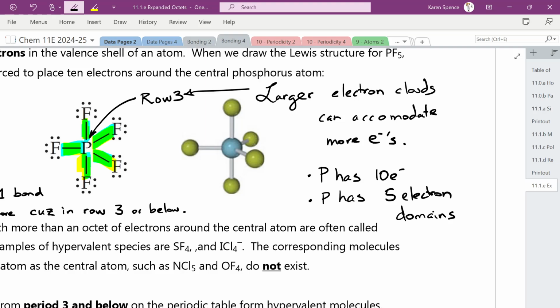Pyramid shape. Yes? And then if we flip it upside down, we have a base that is a triangle, and we have 1 side, 2 sides, 3 sides. So, what do we call this? Trigonal bipyramidal, because we've got 2 triangle-shaped pyramids.